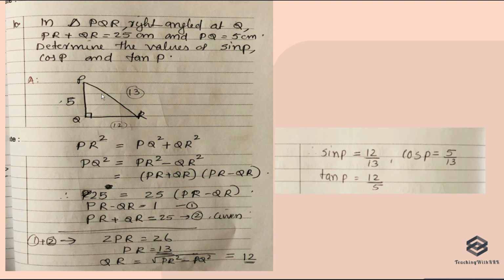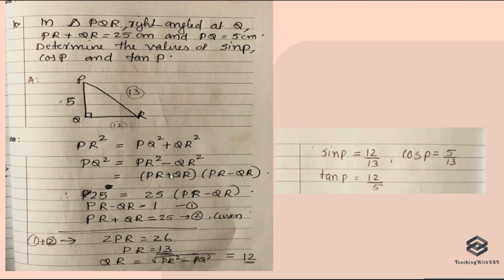By Pythagoras theorem, PR square equal to PQ square plus QR square. Then what is PQ square? PQ square equal to PR square minus QR square. A square minus B square form. A square minus B square is A plus B into A minus B. Therefore PR plus QR into PR minus QR.